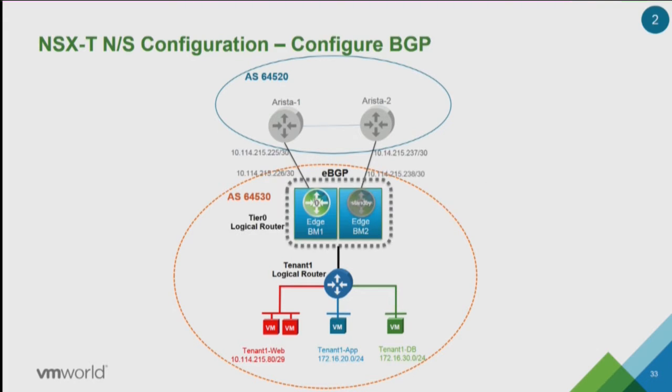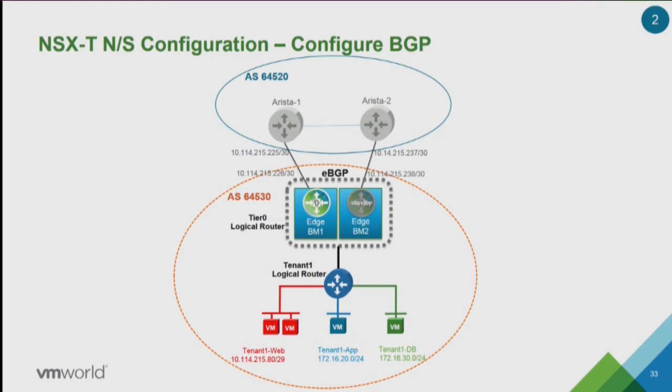Let's go to the next slide and look at this configuration in more detail. I have one autonomous system. The logical space is in one autonomous system. The physical space is in another autonomous system. And remember the tier 0 router, we placed it on 2 edge nodes, on bare metal 1 and bare metal 2. So it's just one router object from the UI or the API standpoint, which has been tied to these 2 different nodes.